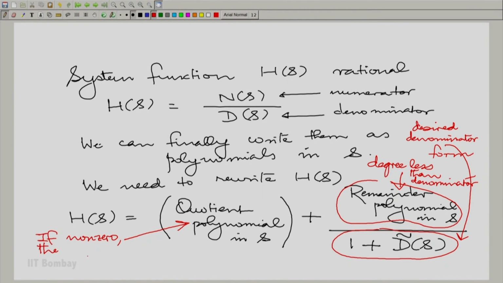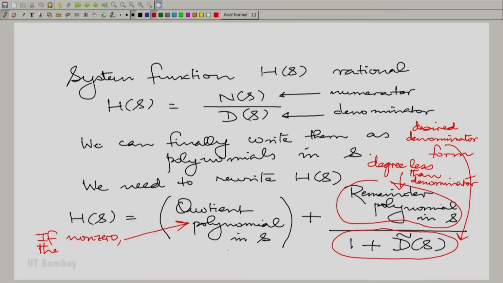Now, again there is an issue here. If the numerator degree is greater than the denominator degree, so you have brought out terms like something times s plus something times s squared, or a polynomial of degree other than 1, other than 0, that is other than just one term. The moment you have terms like s or s squared and so on in the quotient polynomial, it means you have differentiators present.